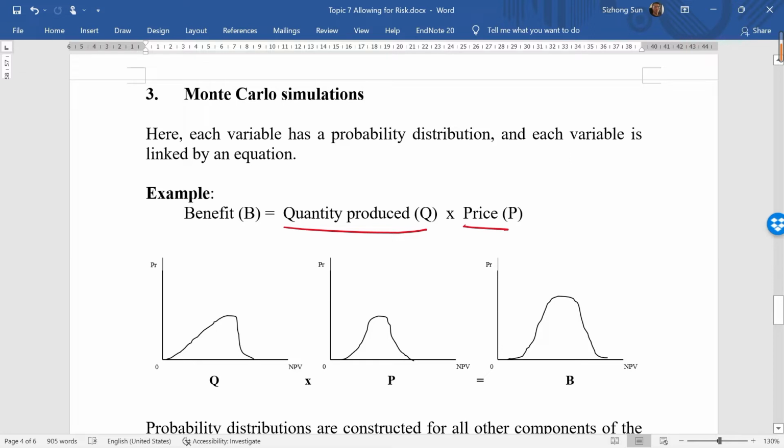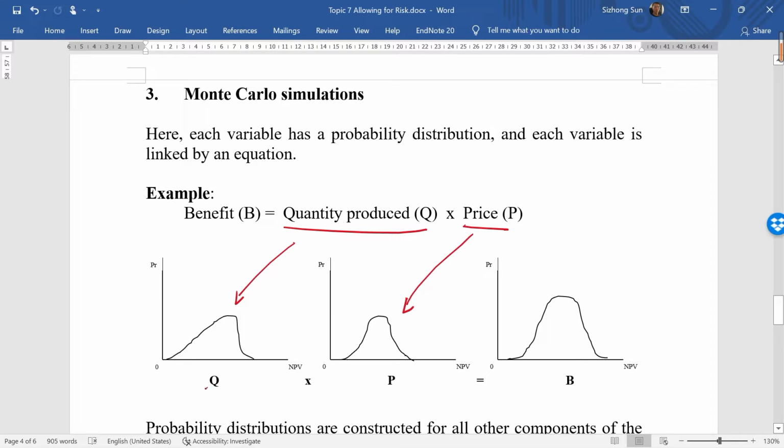Suppose we have uncertainty on both the quantity of output due to this project and the price of the output. We know that the quantity of output has a distribution of this, and the price of the product has a distribution of this.